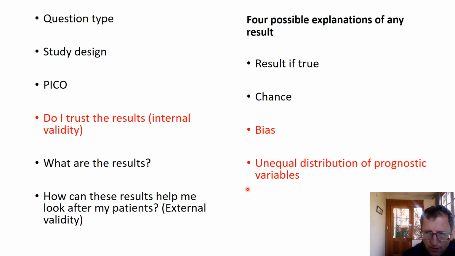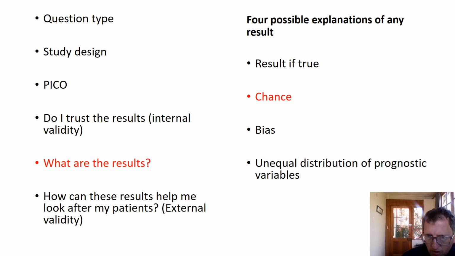If the hormone replacement people had less diabetes, fewer smokers, fewer hypertensive patients, I would know that I wouldn't be able to trust that result without somehow taking into consideration this unequal distribution of prognostic variables. So anyway, they're the two things that we look at in internal validity.